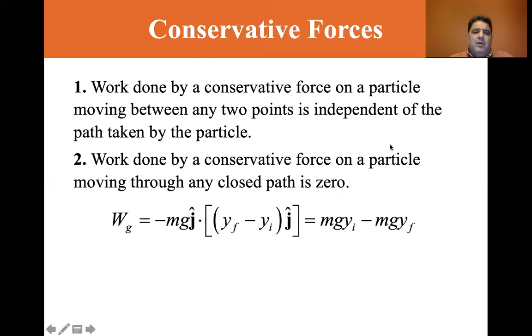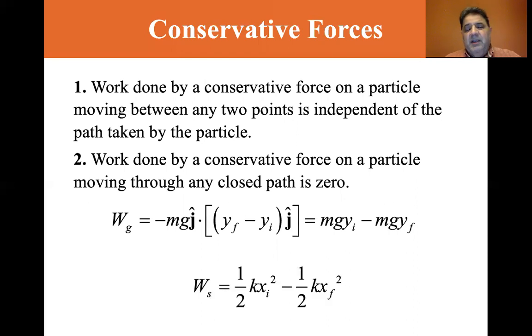The gravitational work is equal to minus mg j dotted with delta y, so it's mg y initial minus mg y final, and it doesn't matter what the x is, because as we saw earlier, the j dotted with the i vector will equal 0. So it doesn't matter with the x. It only matters with the y. So it doesn't matter really the path. The only thing that matters here is just the delta y.